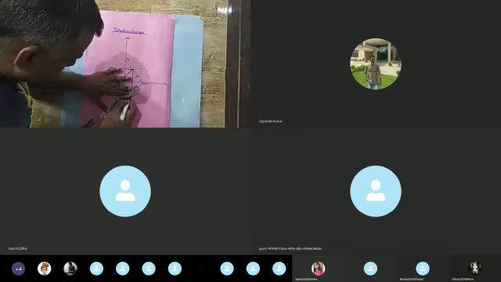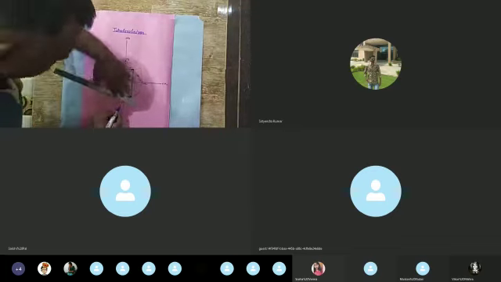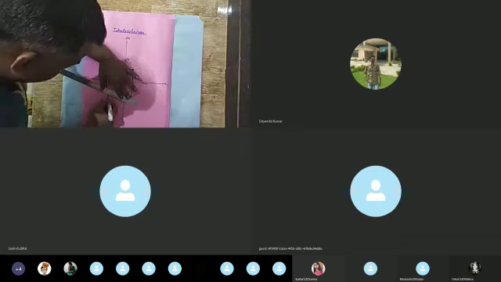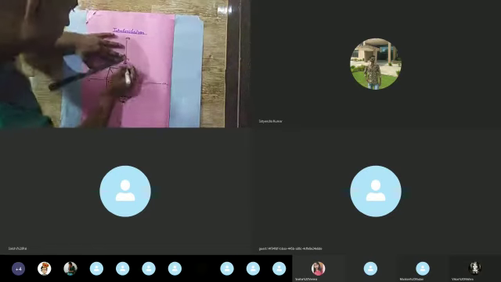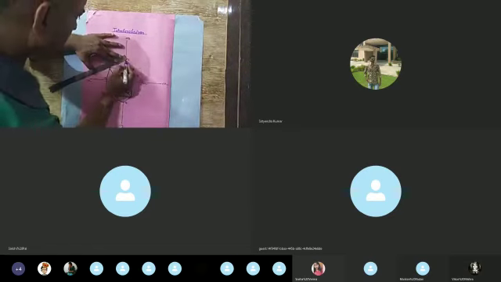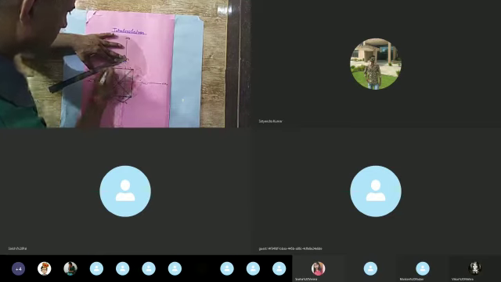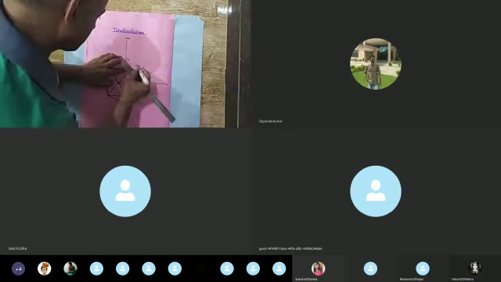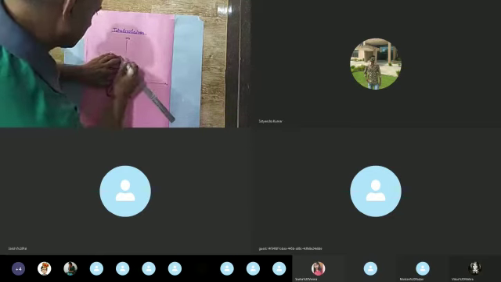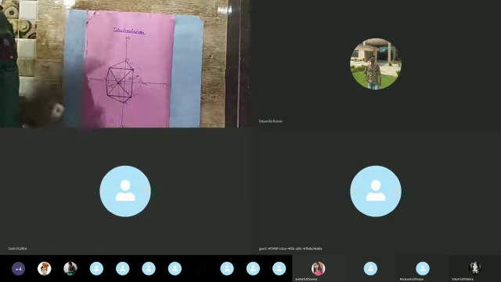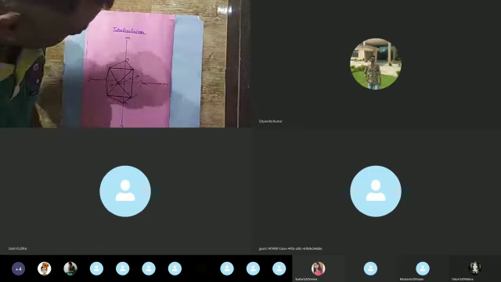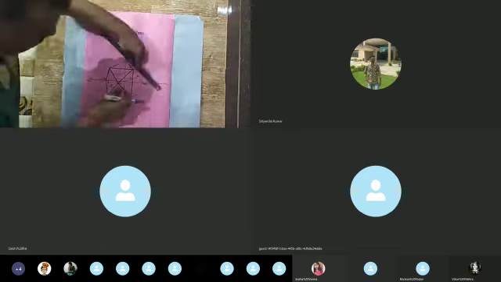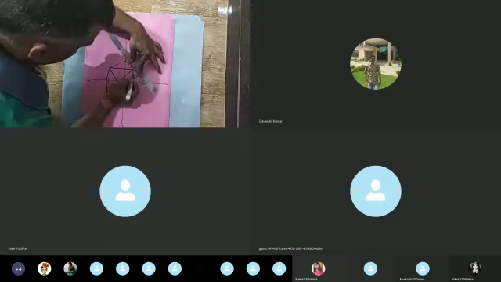So we will join the outer sides. These are outer sides. Now this one, and A2 also, plus A2.